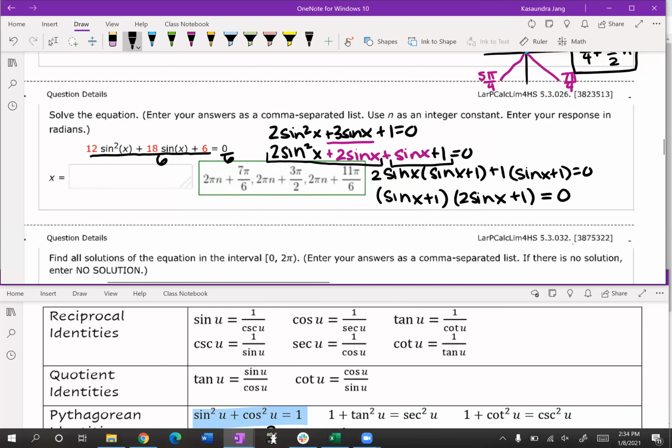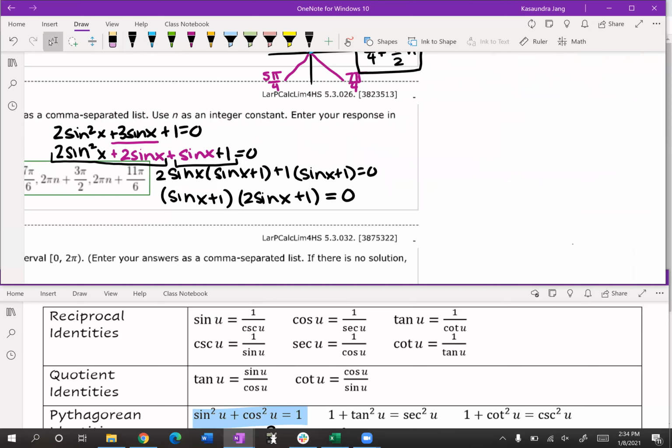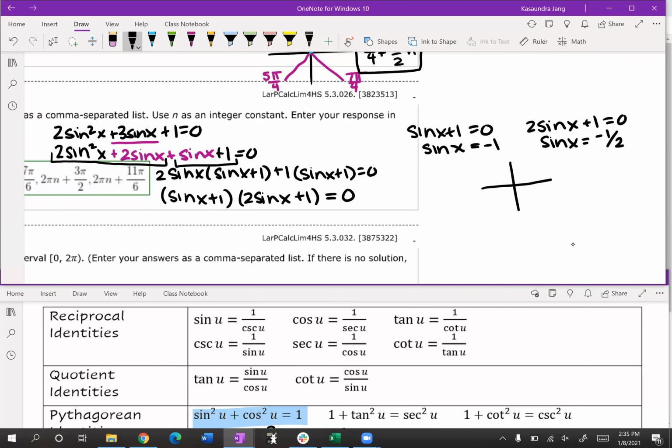One of my factors was sine of x plus 1, that's going to be equal to 0. My other factor was 2 sine of x plus 1 equals 0. So solving, sine of x is a negative 1, and sine of x is a negative 1/2. Okay, so on my unit circle, let's see where my sine, my y values are going to hit a negative 1 and a negative 1/2.